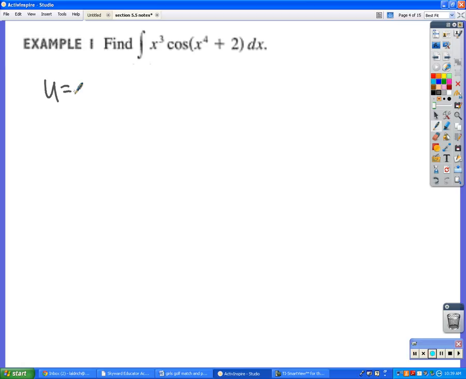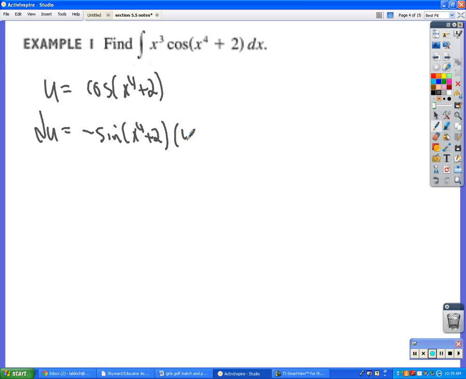Let me explain why that won't work. Because if I did let U equal this, and don't copy this down because this is wrong, then I would need to figure out what du is. And the derivative of this would be negative sine of x to the 4th plus 2 times 4x cubed. Well, there's no sine in the original problem.